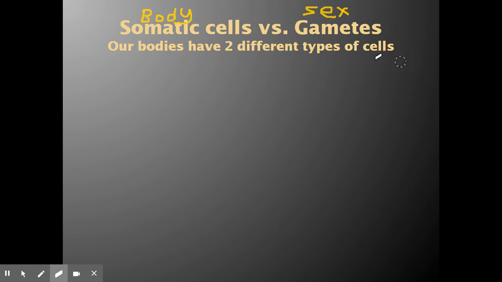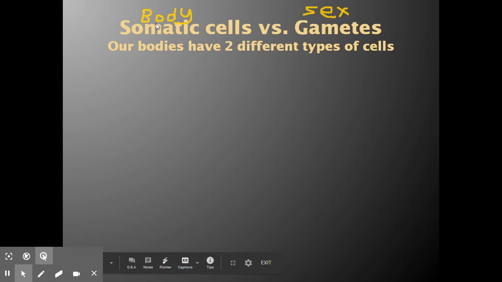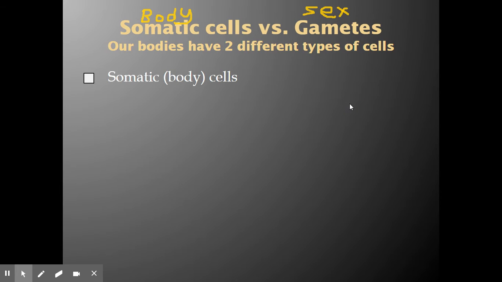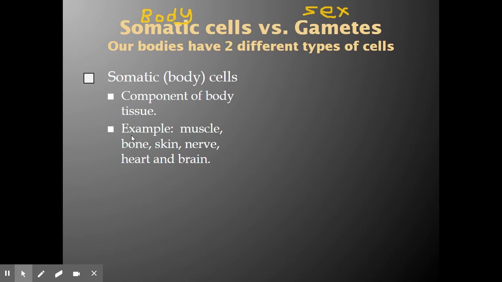Okay, our bodies have both types of cells, and both of them have their places, and they have their different things that they do. Body cells are made out of tissues. They make up your tissues in your body. Things like muscle, bone, skin, nerve, heart, brain, those are all somatic cells.